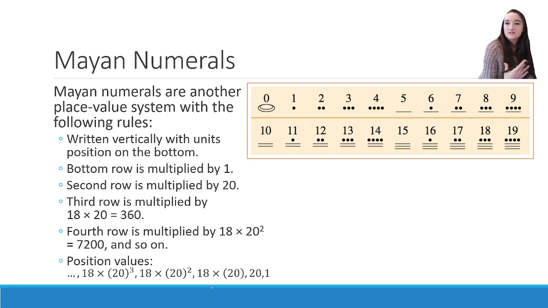It's very strange. So remembering how to do that conversion is going to be the most difficult part of doing this, because otherwise it is the same process as everything else. The only other difference is that we write it vertically, but that's not changing anything otherwise.